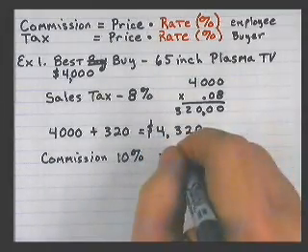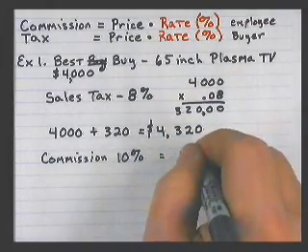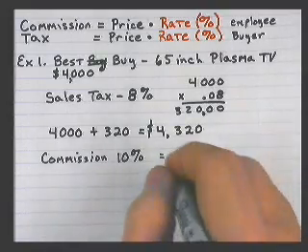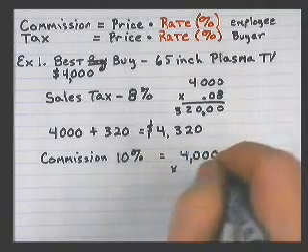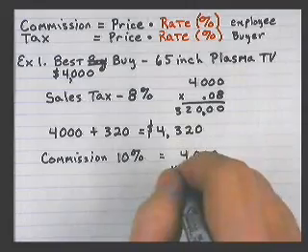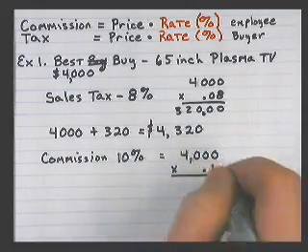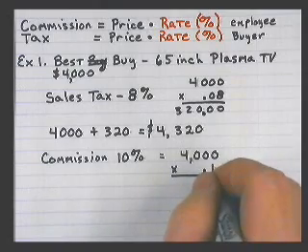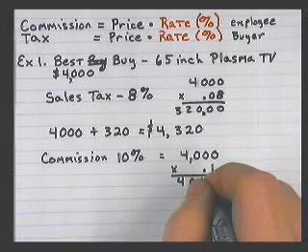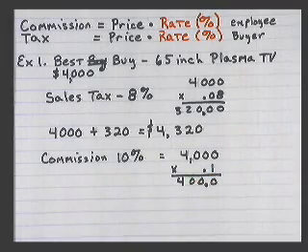Now he doesn't get paid on sales tax. That goes straight to the government. So take 10%, make it into a decimal, 0.1, and he earns, decimal comes over 1, so he gets $400 commission.